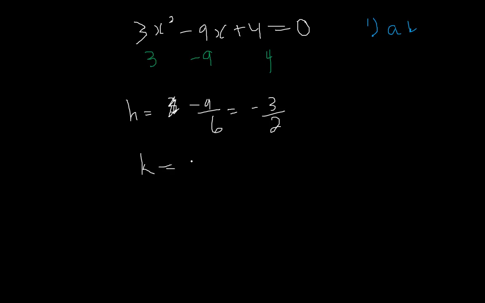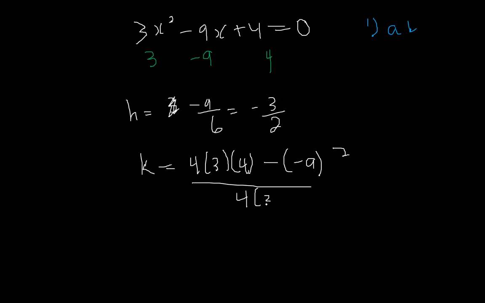You find what K is. K is equal to 4AC minus B squared over 4A, which is 4 by 3 by 4 minus, which is equal to 48 minus 81 over 12.